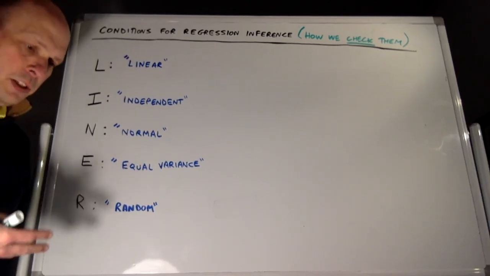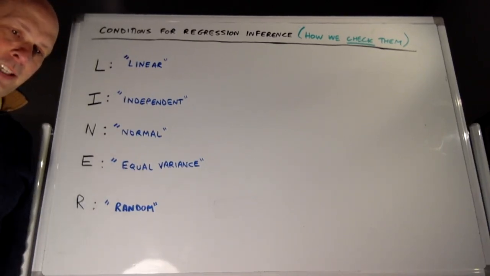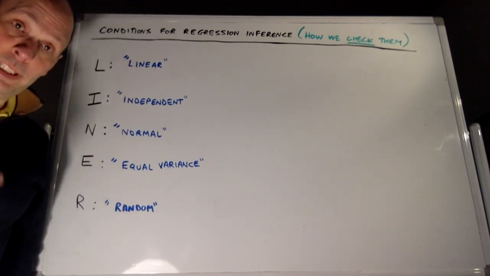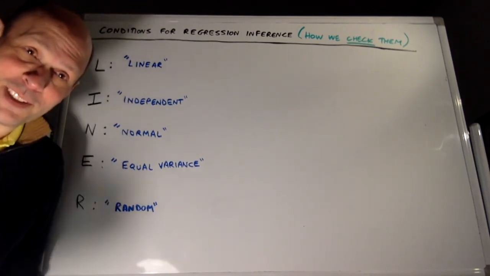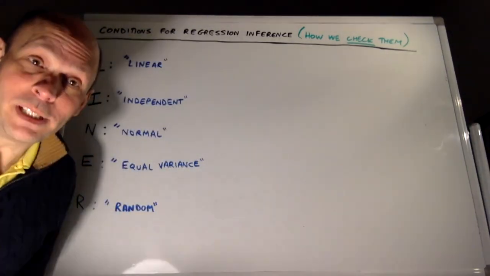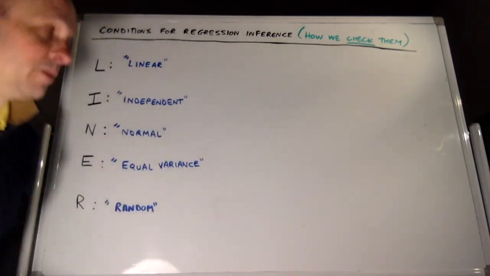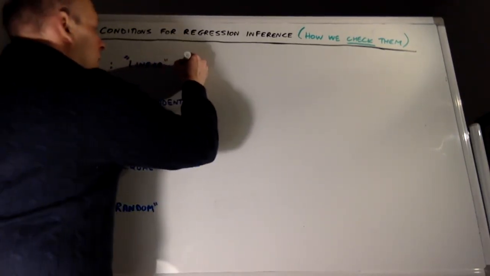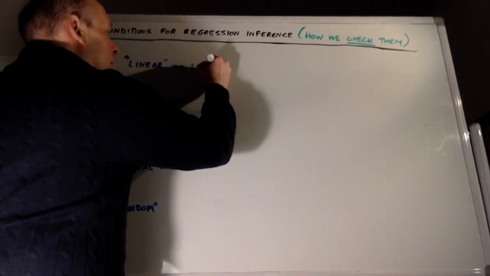So remember that the condition was that the relationship between x and y is appropriately linear. And we know how to check for that, right? We look at the residual plot, and we're hoping to see a lack of a pattern, right? So that's how we check this. So we look at the residual plot.